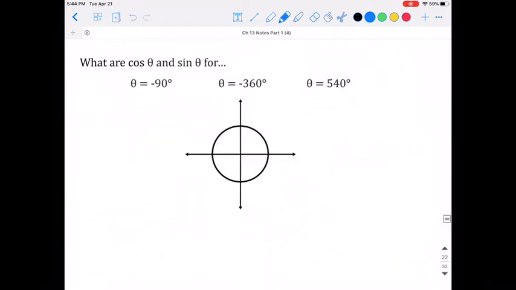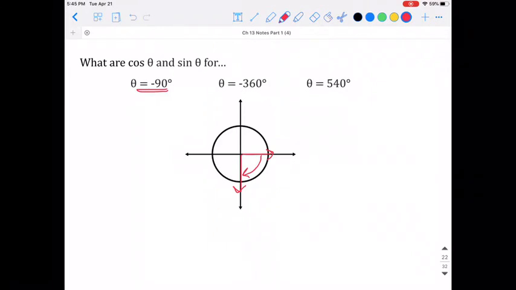Another example: what are cosine theta and sine theta for negative 90 degrees, negative 360 degrees, and 540 degrees? So for negative 90 degrees, we start our angle as always on the initial side. Negative 90 degrees means that we're moving in a clockwise direction, so we're going to be on the negative y-axis.